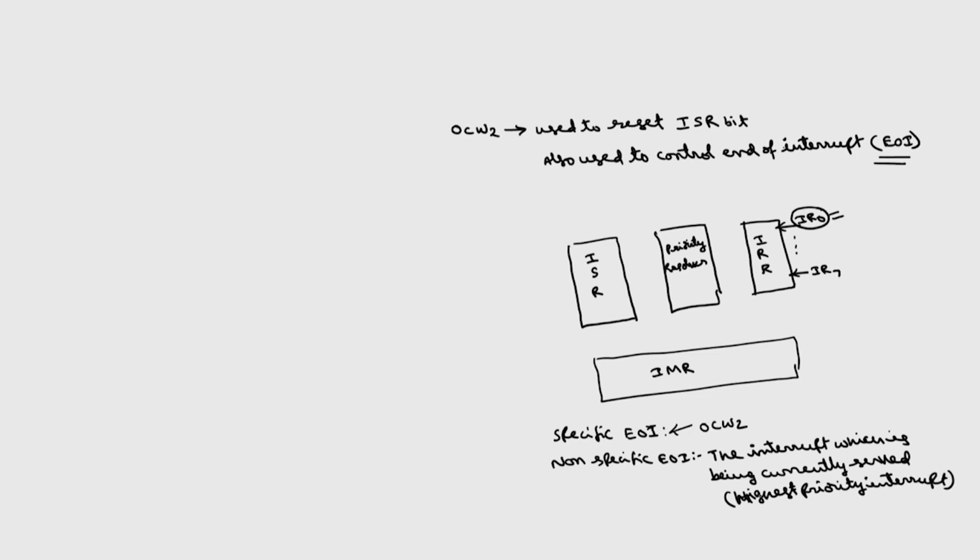So the corresponding bit of this ISR will be reset in case of non-specific EOI. In case of specific EOI, the command specifies, here we have to use OCW2. So the command specifies, as the name implies, which ISR bit is to be reset.